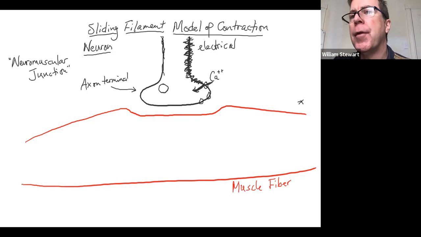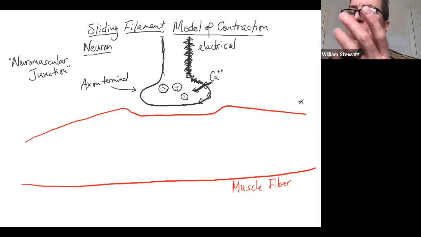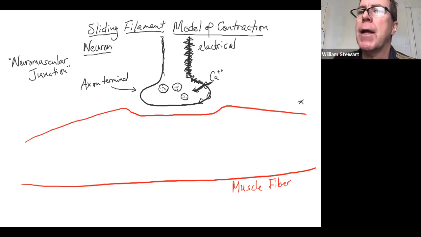Inside of this nerve cell are these bubbles that contain a chemical called neurotransmitter. It's stored in these vesicles, these bubbles. When calcium binds to this stored vesicle, it tells it to migrate to the edge and release its chemical, its neurotransmitter, into this space.